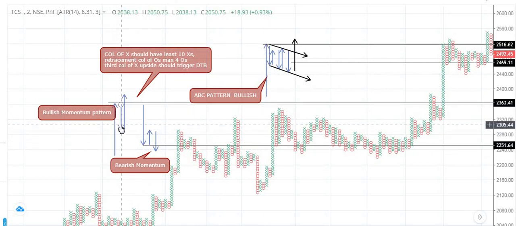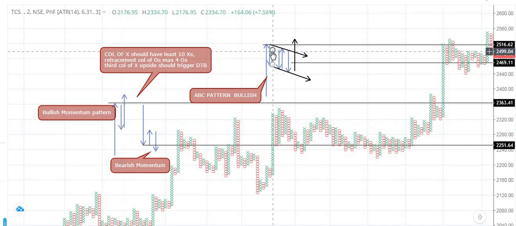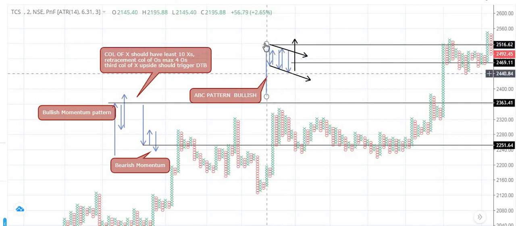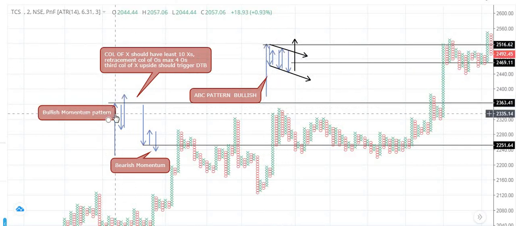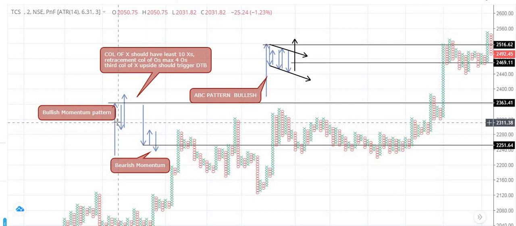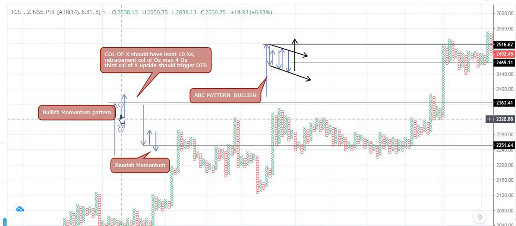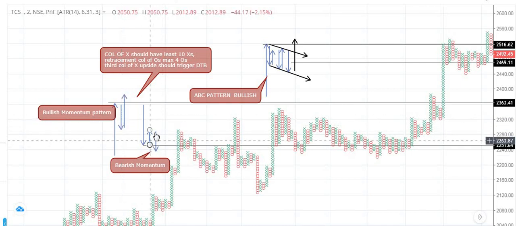This second column can be different, and in this, before breaking out of the top of this bullish X of more than 10x column, we have multiple columns inside this range. But here in this bullish momentum or bearish momentum, we just have one column of max 4, right? Here we have multiple columns, right?